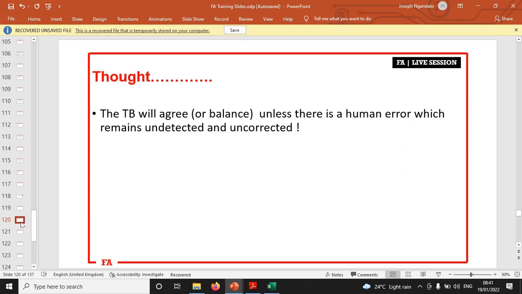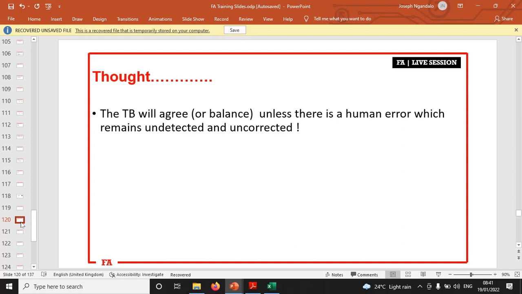What that means is, when you fail to balance the trial balance, don't come and say it didn't balance. We will not accept. There is a reason why the trial balance fails to agree. And in all cases, the reason is the operator. Who is the operator? The accountant, right? They could have made a mistake. They could have forgotten something. And so today we're going to appreciate some of those things.